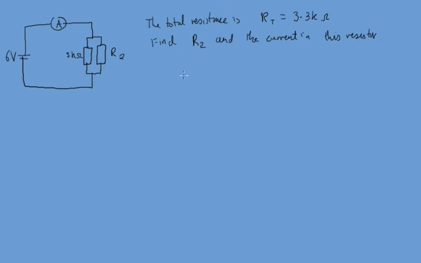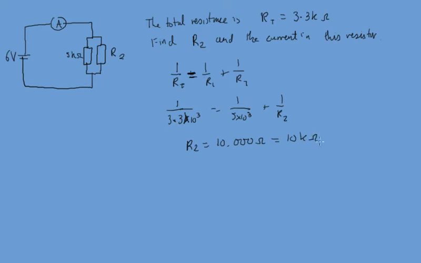So the first step is to find out the resistance. We've got 1 over RT equals 1 over R1 plus 1 over R2. Our total resistance is 3.3 kilo ohms, so that's times 10 to the 3, and that's 1 over 5 times 10 to the 3 plus 1 over R2. Rearranging all that, we get R2 is going to be 10,000 ohms or 10 kilo ohms.